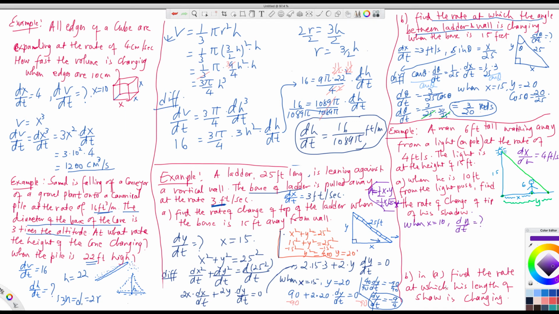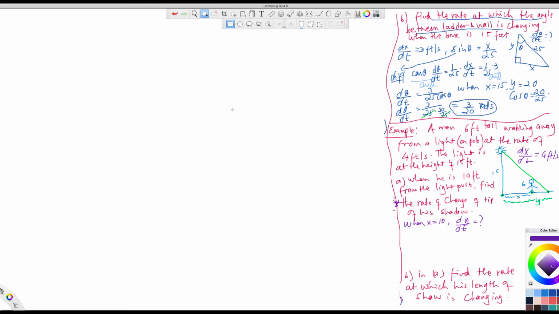And on the second one, in B, basically this is a similar thing. So I will do the second one right here. For the second problem, let's write down the given. The given is the same, meaning that when he is 10 feet from the light post, this is the same on B as well.